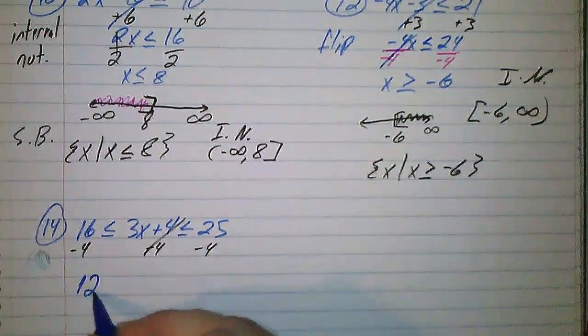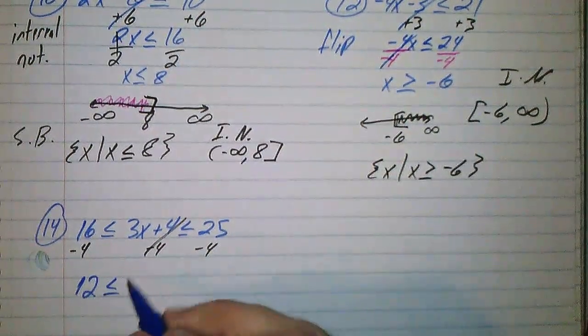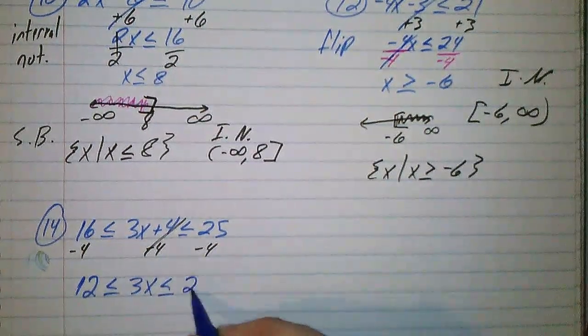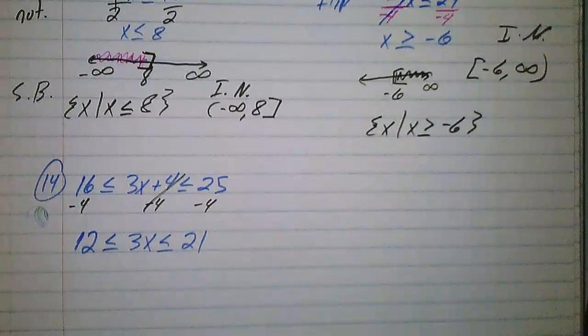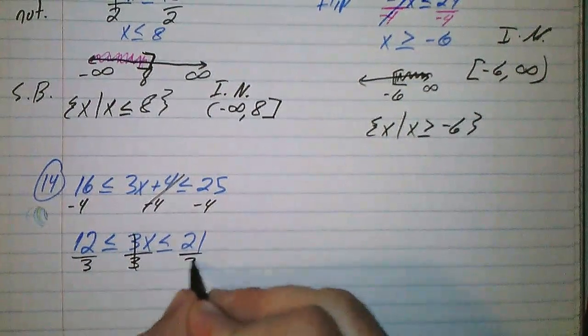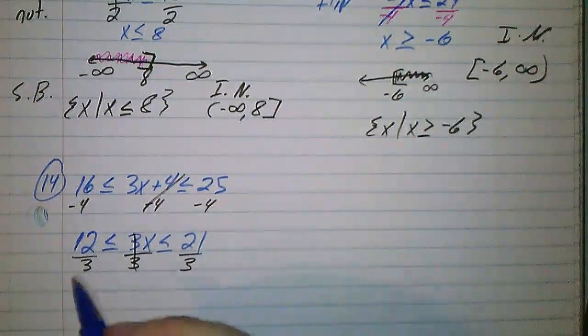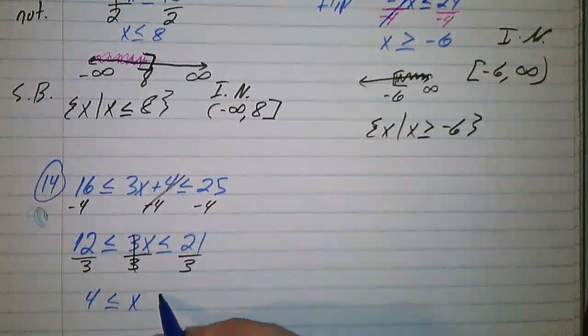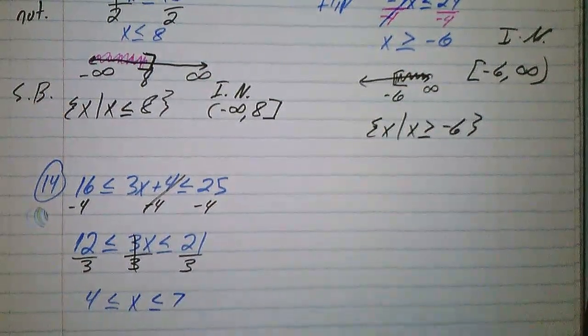Now we have 12 is less than or equal to 3x is less than or equal to 21. And now we divide out our coefficient of 3, so that 4 is less than or equal to x is less than or equal to 7.